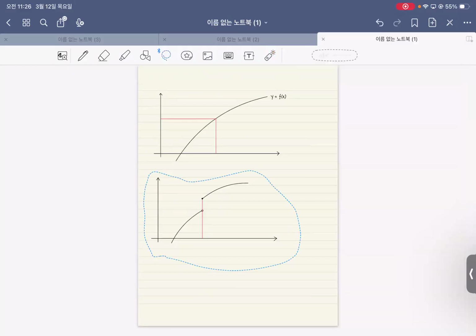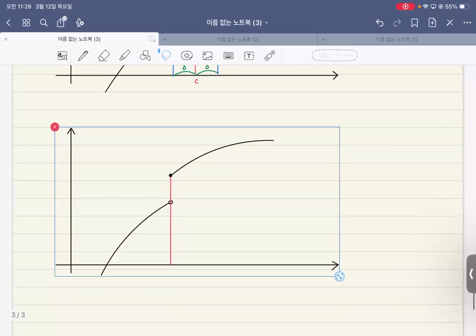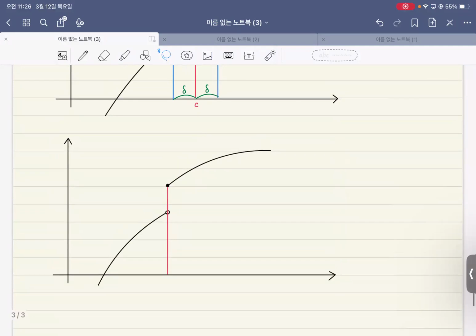But I would also like to try another example that does not allow a delta for some specific epsilons, like this. This is f of c, and this is c. And I would like to discuss why this function fails to satisfy the definition. Okay.